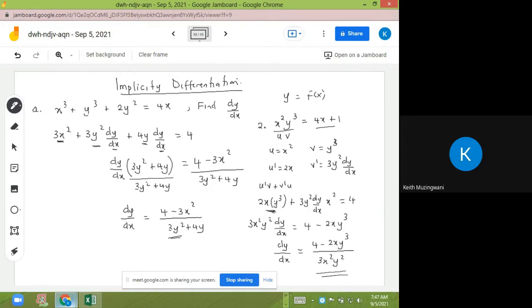Does it have to have dy/dx? 2x y cubed doesn't need to have it, because we are differentiating to form this. So u prime is just 2x, there's no dy/dx. v is just y to the power 3, so it's not dy/dx.